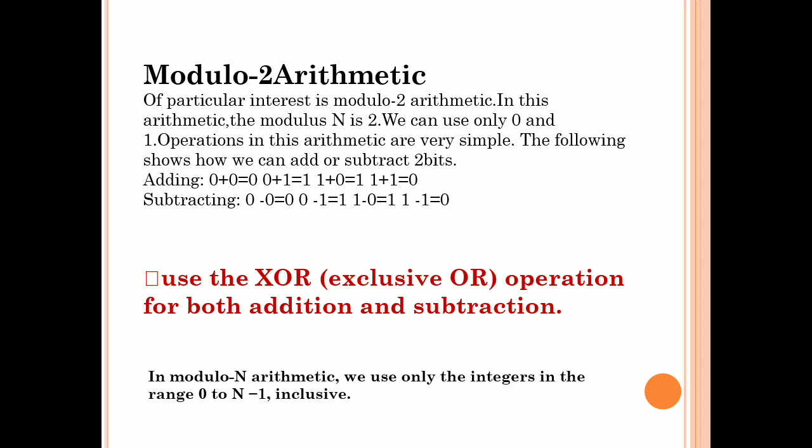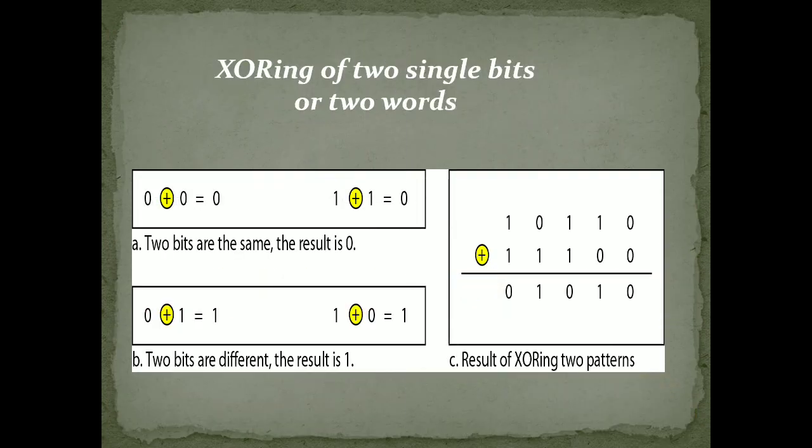In this, we note that in the operation, 0 designates even parity and 1 designates odd parity. This is due to the XOR operation, because XOR is used for both addition and subtraction. In modular arithmetic, we use only integers in the range 0 to n minus 1 inclusive.